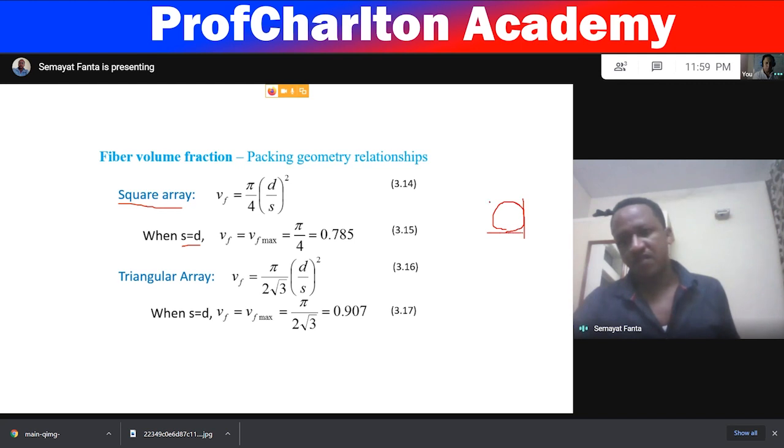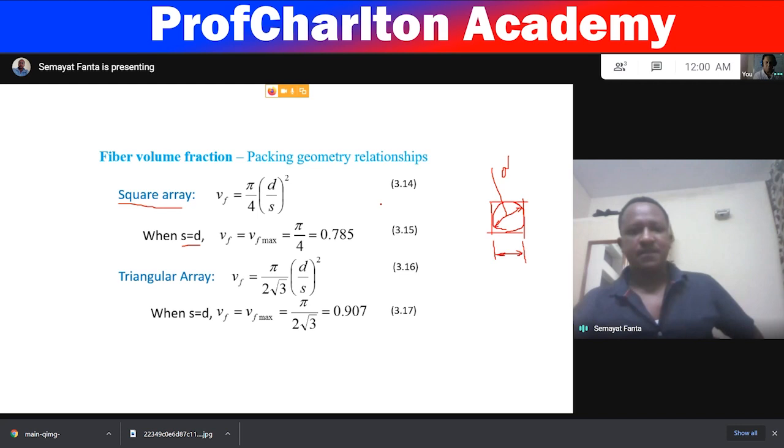We can sketch it like this. This is a D, diameter. This is the diameter of fiber, and this is, we can say this as D, and this is S. Sorry for the poor writing here.